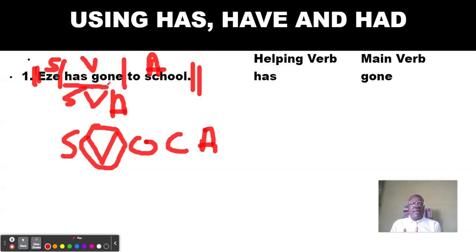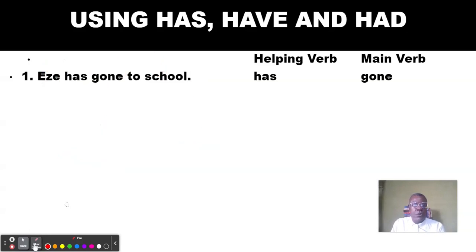And you can see that the verb element in most cases is either occupied by a single main verb, or a combination of the helping verb and the main verb that constitutes the verb phrase. So this is really what you ought to know about the functions of the verb in an English sentence.